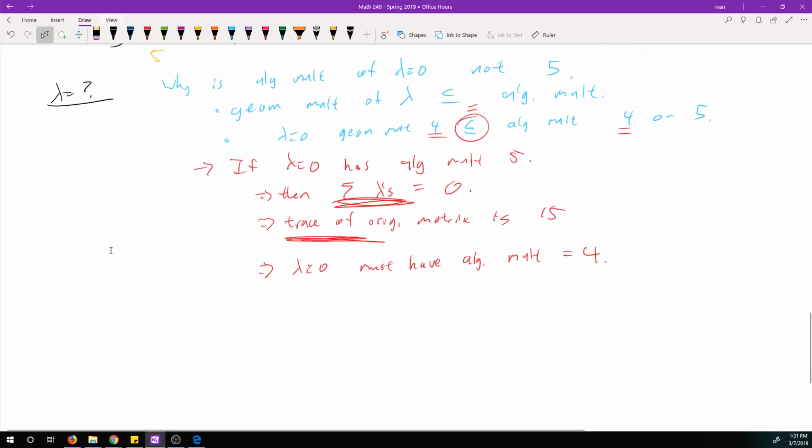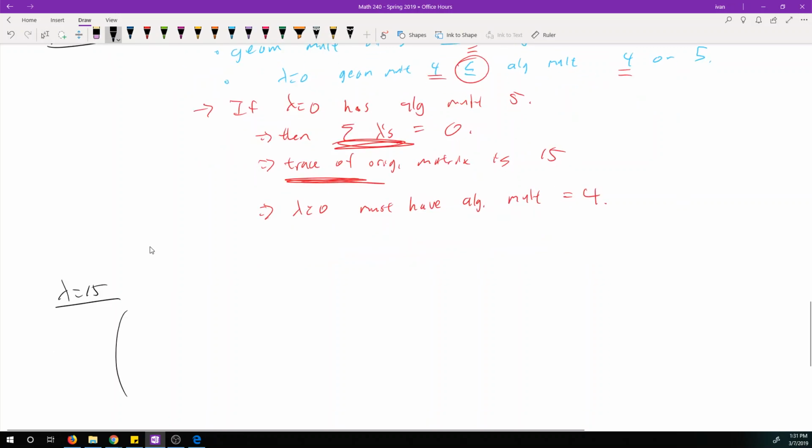So the last eigenvalue is lambda equals 15. And then what you'll get is negative 12, 3, 3, 3, 3, then 3, negative 12, 3, 3, 3, etc., and then you get negative 12 here. And what's the eigenvector for here? Well, the eigenvector is just 1, 1, 1, 1, 1.